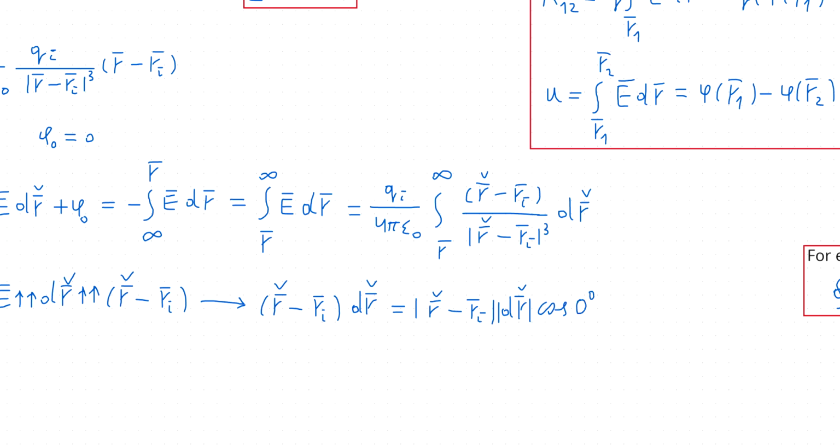If two vectors have the same directions, the angle between them is equal to 0. And we have from here that this scalar product is equal to the absolute value of this difference multiplied by dr without the vector.